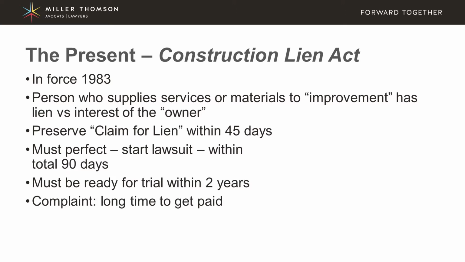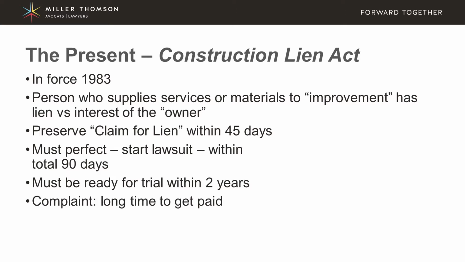The next step is that the claimant must be ready to set the matter down for trial, so to file documents with the court to say we're ready to go to trial. And this has to be done within 2 years.